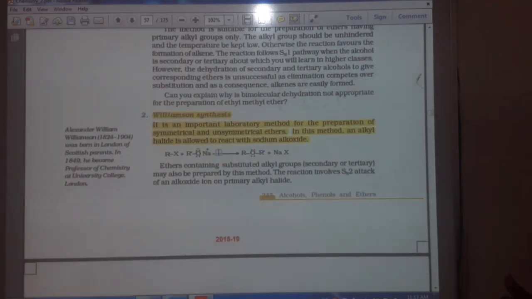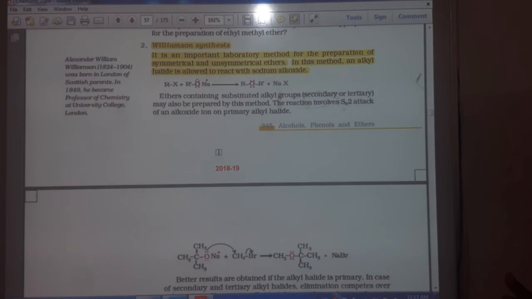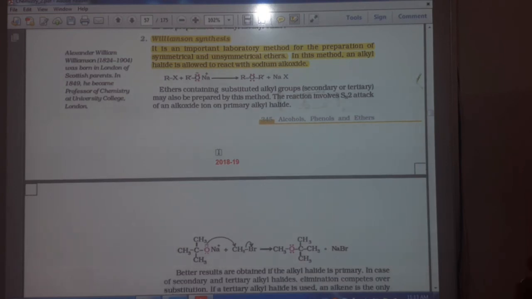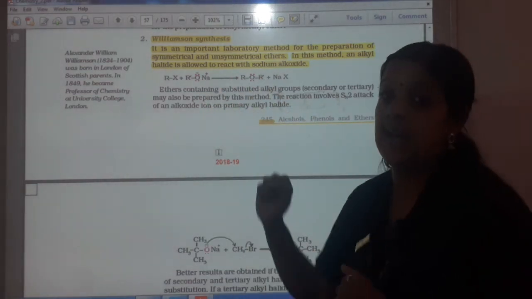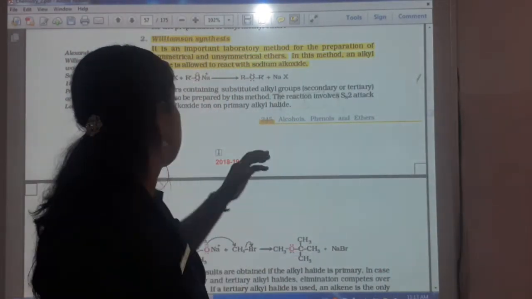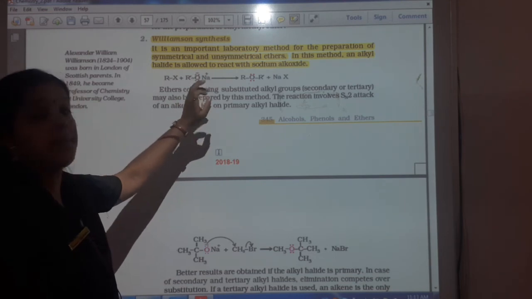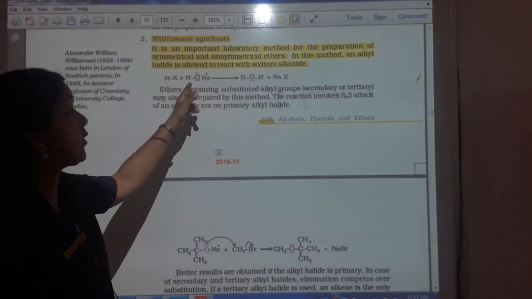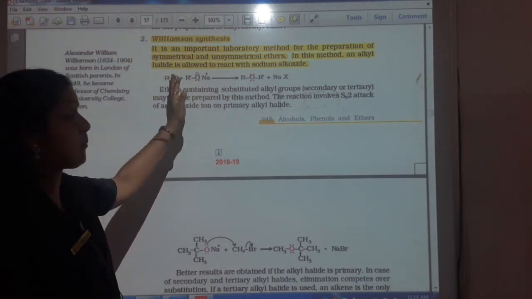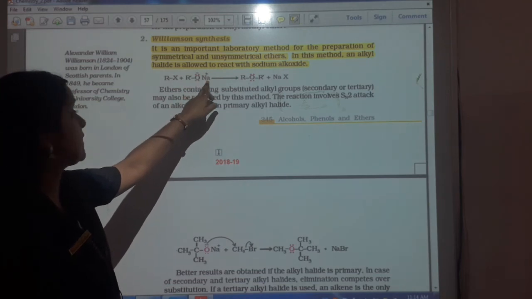Next is a very important name reaction, which is Williamson synthesis. This is a laboratory preparation of symmetrical and unsymmetrical ethers. In this, we take an alkyl halide, that is RX, it can be CH3Cl, which is treated with a sodium alkoxide. This can be C2H5 or butyl or propyl, oxygen and sodium.